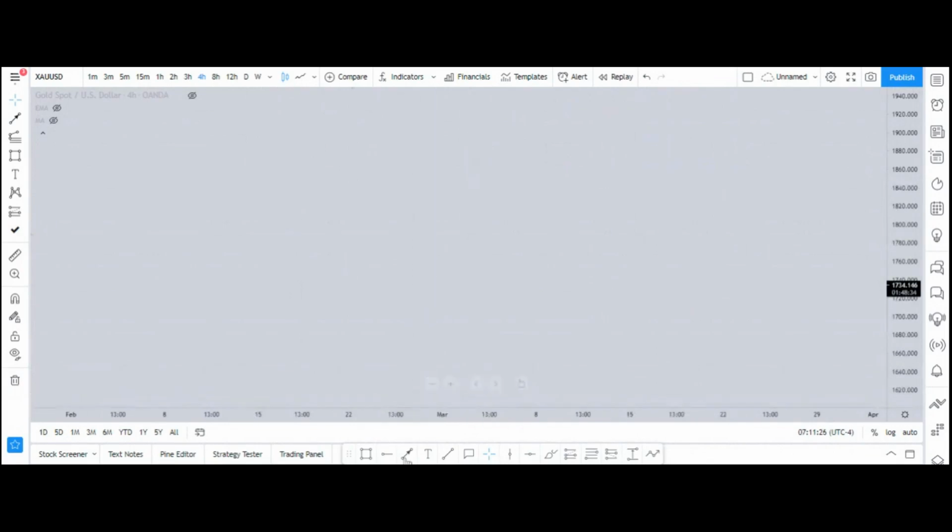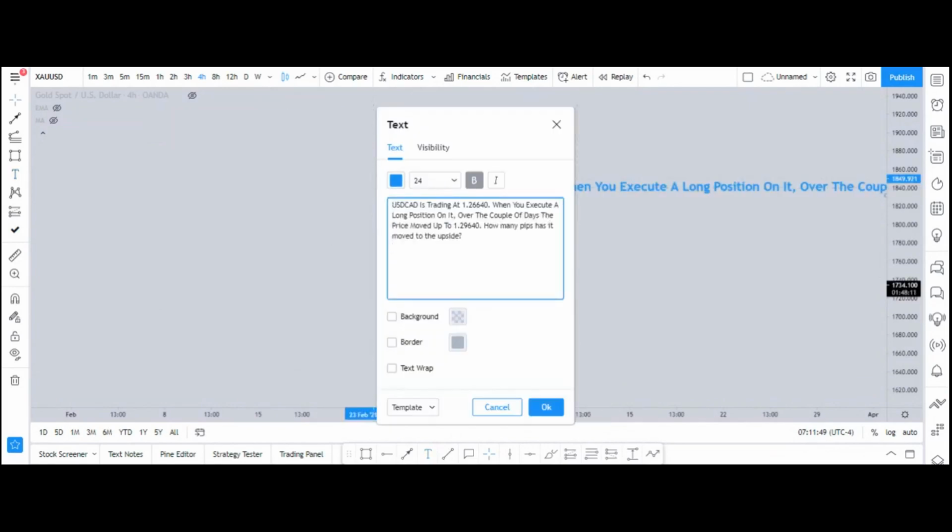Okay, so we'll be using those questions, but in another structure. Let me just get the questions. In this scenario, we're calculating take profit and stop loss. So USD CAD is trading at 1.2640.